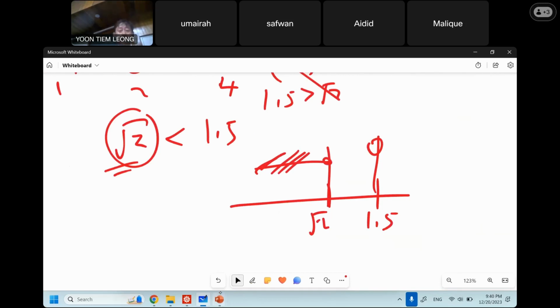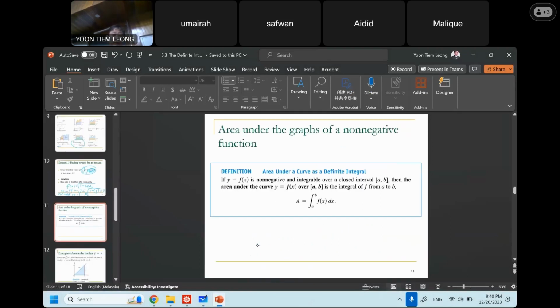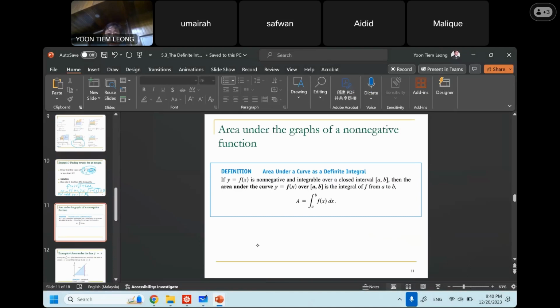This is an example of inequality. The question does not ask you for the exact value, it just asks you to show that it is less than.